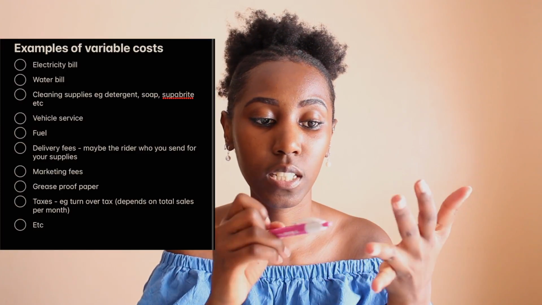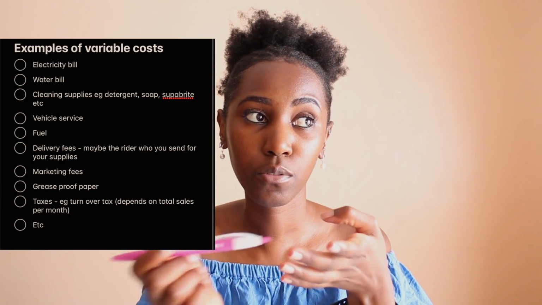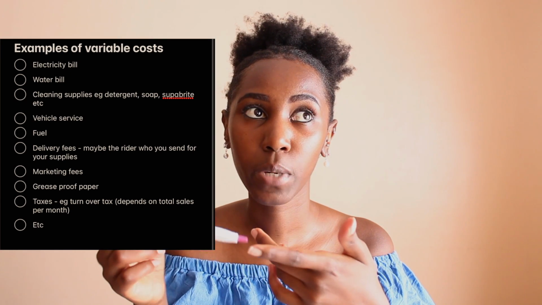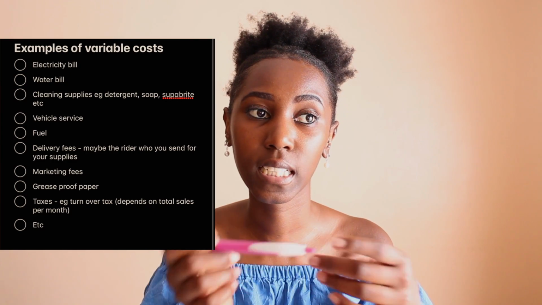Small things that you might forget to account for also make up your variable costs. So if I can list an example of variable costs, we have electricity, water bill, vehicle service, delivery fees. For example, for delivery fee, we can say like boda guy. Like I send my rider once a month. So this month, maybe I have double the amount of work that I had last month.